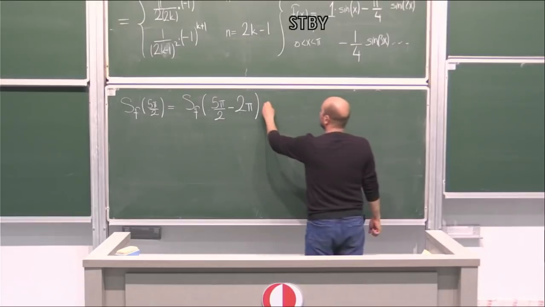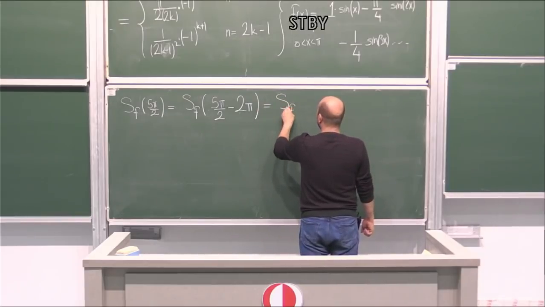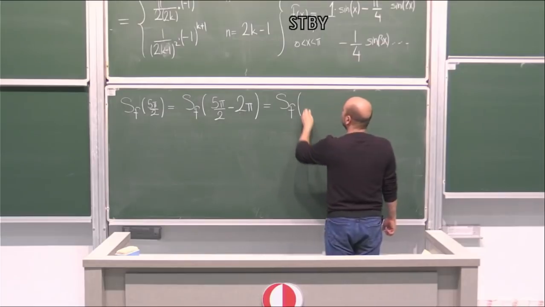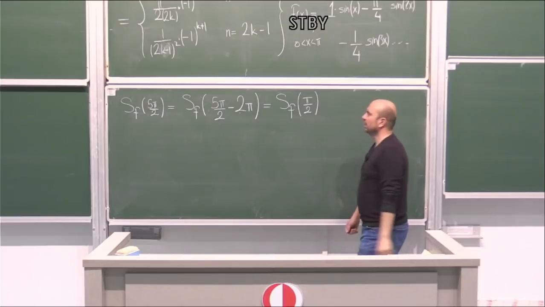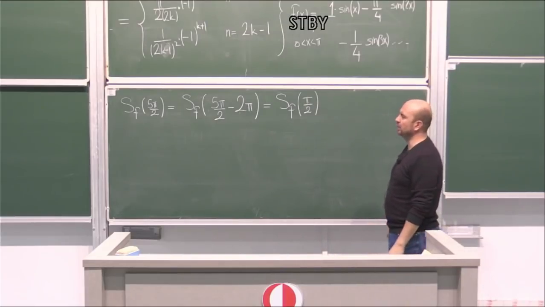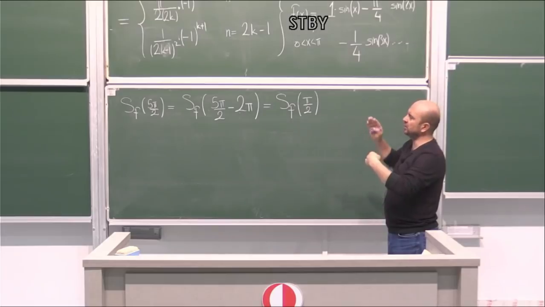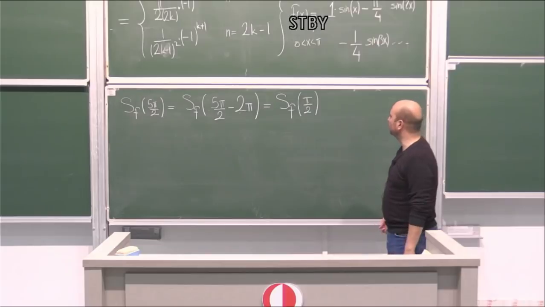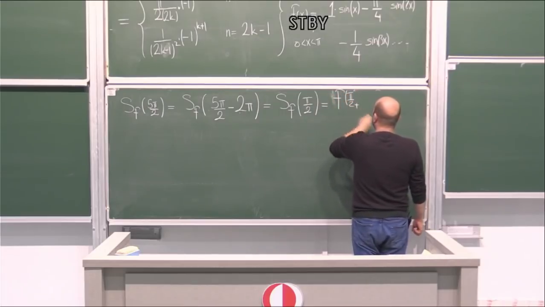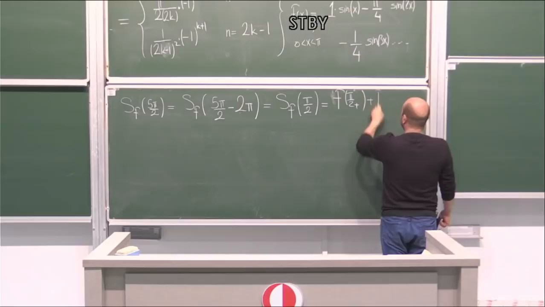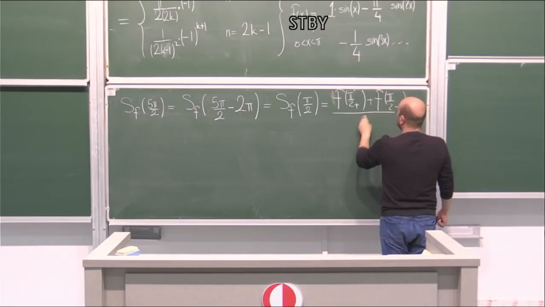If you do this, then we get SF of pi over 2. Now what's happening at pi over 2? Remember the graph. One side was 0, the other side was pi minus x. So we had a jump discontinuity. So for this now, we have to check the right limit of f at pi over 2 plus the left limit, and take their average.